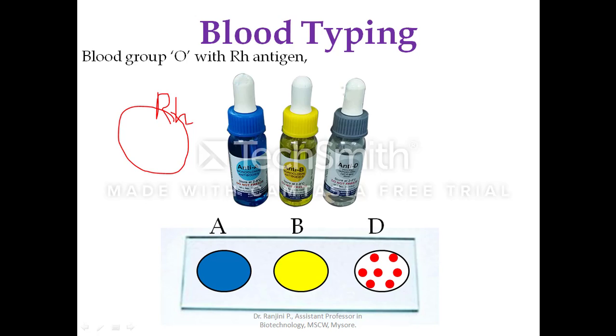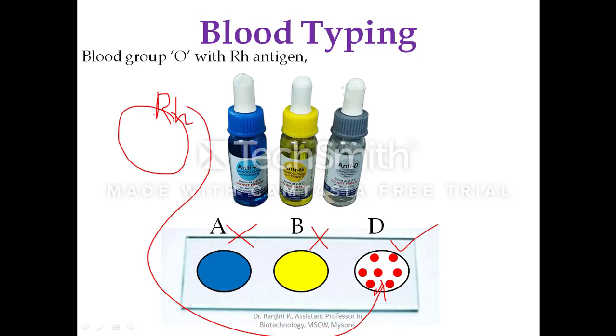Then in such a condition, when you drop the blood of such an individual, you will not find clumping in circle A, and you will not find clumping in circle B, and you will find agglutination only in circle D, because the RH antigen is interacting with the anti-D antisera.